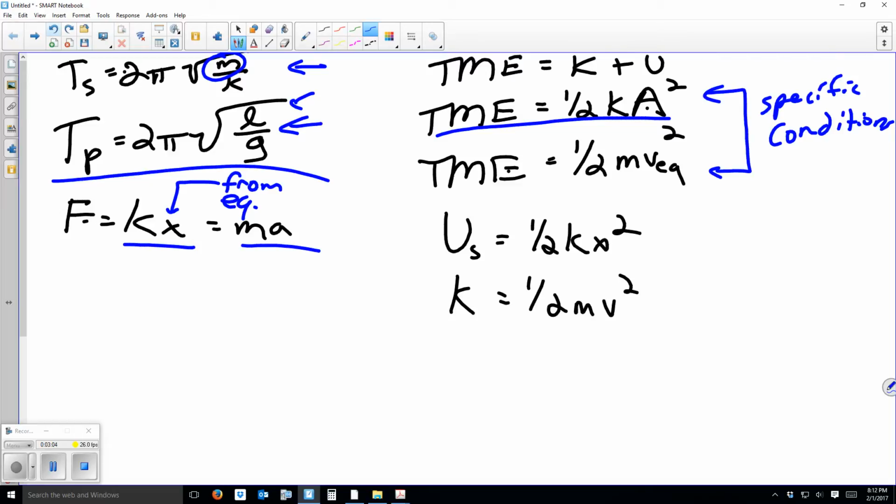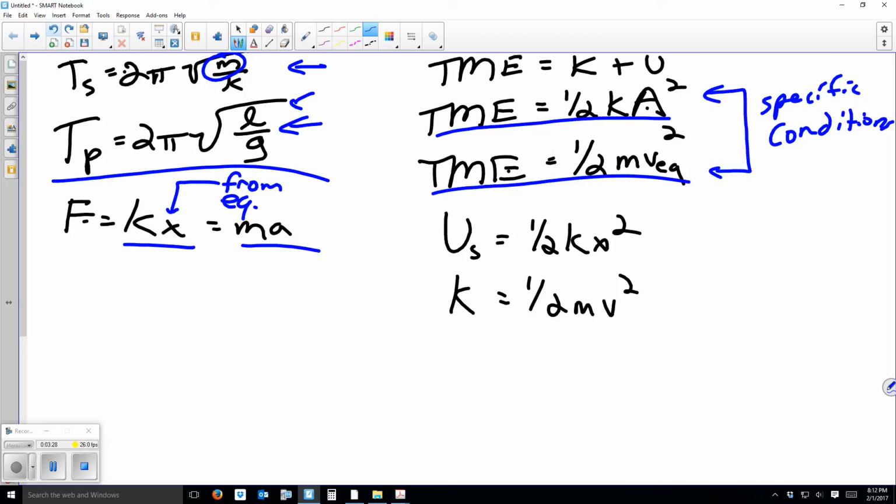And if you're at your equilibrium, you use this equation because 1/2 mv squared is all of your energy, as long as your velocity is at its maximum, which occurs at the equilibrium. All of your potential energy that you got from bringing that object out to its farthest point has all been converted to kinetic at that point.